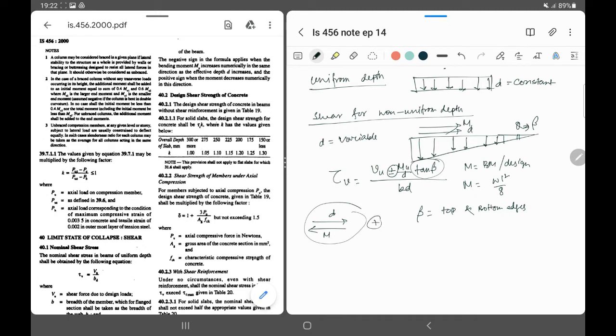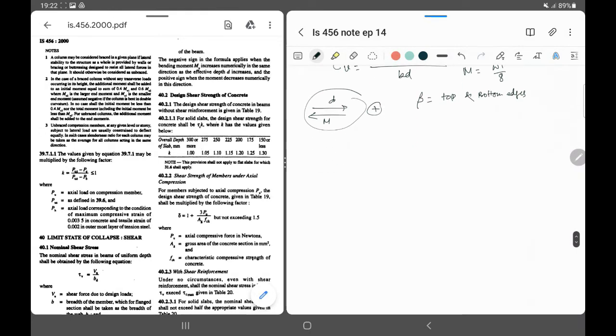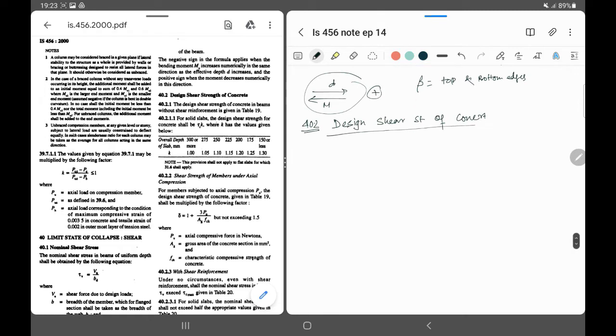Now we talk about the design shear strength of concrete, that is clause 40.2. For this, we have to refer to Table 19, design shear strength without shear reinforcement.